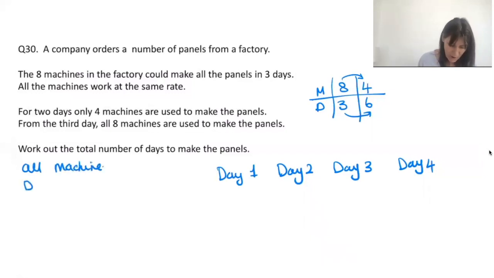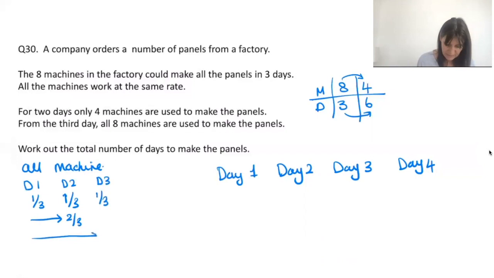So on day 1, 1/3 would have been made. On day 2, they would have made another third, which would have given us a total of 2/3 completed. And on day 3, they would have made another third, which would have been the whole lot made.